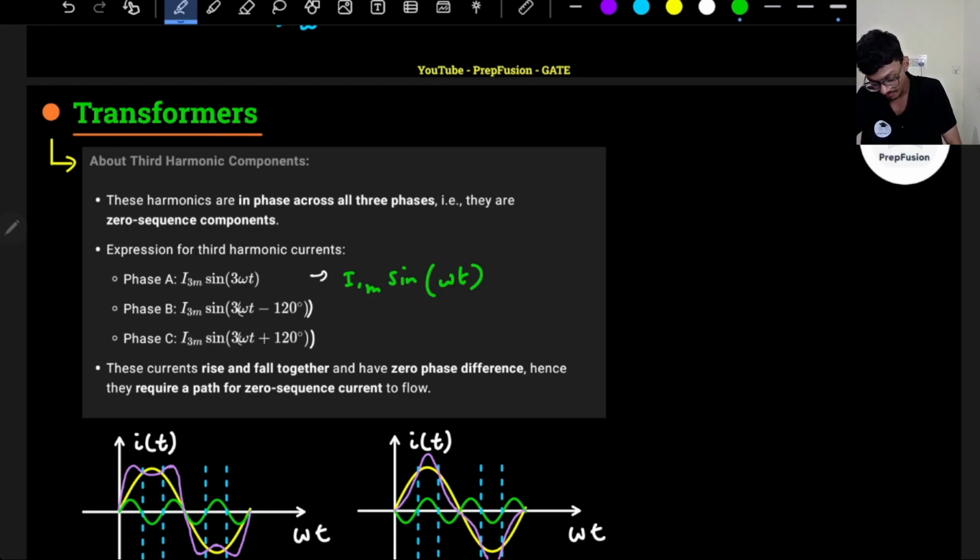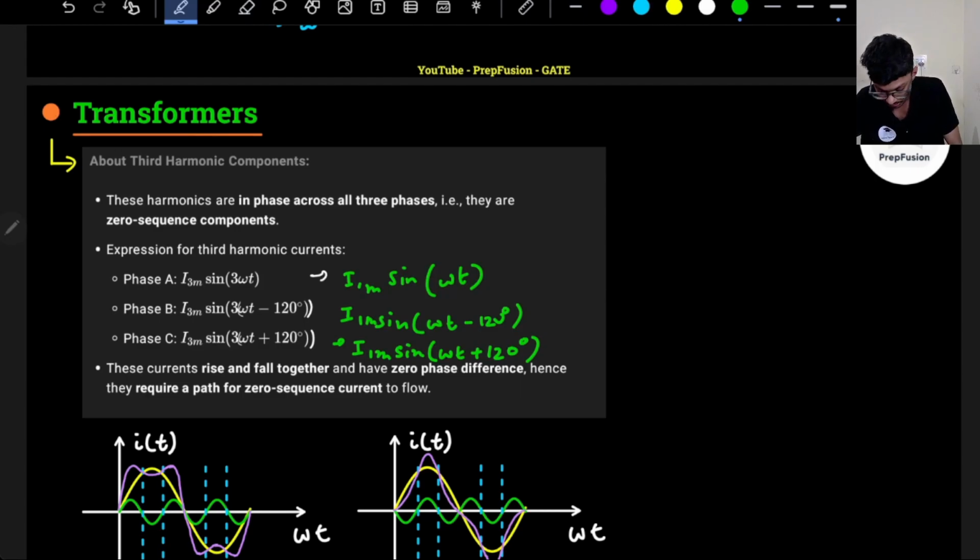The phase B component will be I1M sine (omega t minus 120), and the phase C component will be I1M sine (omega t plus 120 degrees).